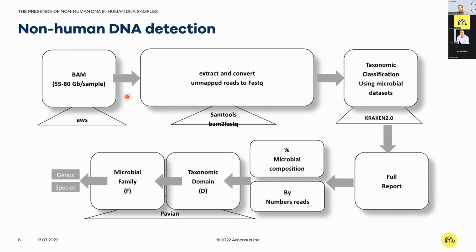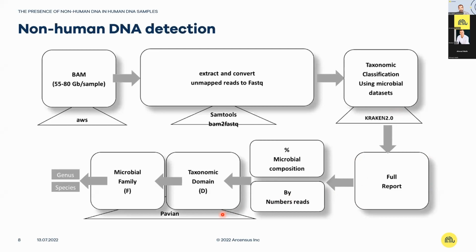What we did, we took all those reads that didn't align to the human reference genome, and then we realigned using a tool that is called Kraken, which in principle takes all the known microbial genomes that are available and published, and we align to all those different genomes, and then we try to identify the percentage, the composition, and the number of reads to each of those different microbial genomes.